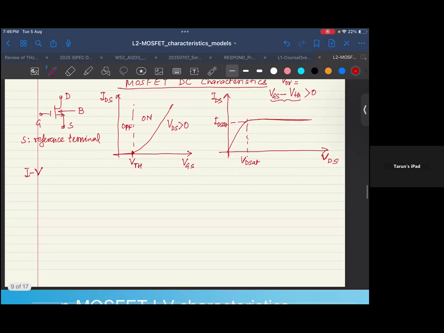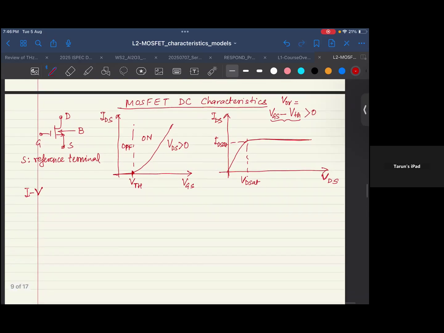So let me also summarize the characteristics for a PMOSFET. For the PMOSFET also, the reference terminal is the source terminal. The current is from source to drain. And I think the idea is very simple once you get accustomed to it: everything is defined now as the reverse of what was defined for NMOS, right?